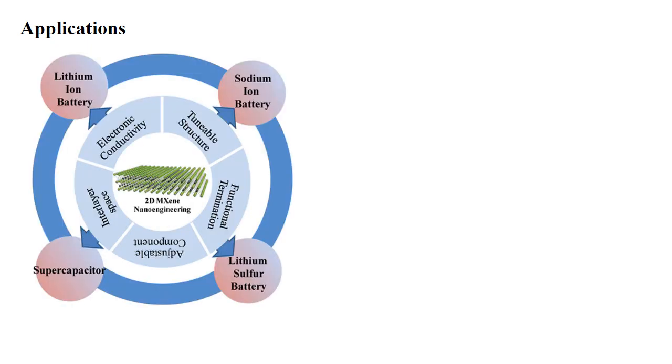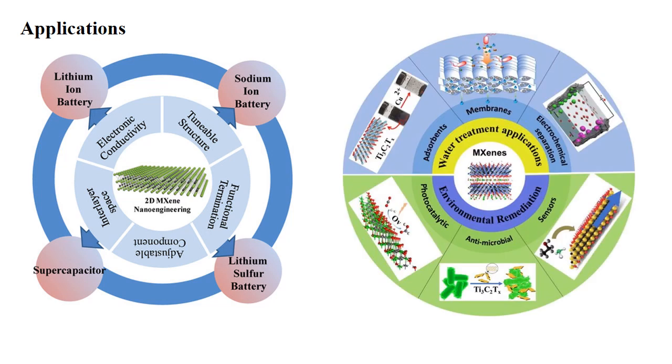So we already told that the MXene has different properties. Because of these different properties, we can use it in different applications such as energy storage, water treatment, environmental remediation, and nanomedicine applications.